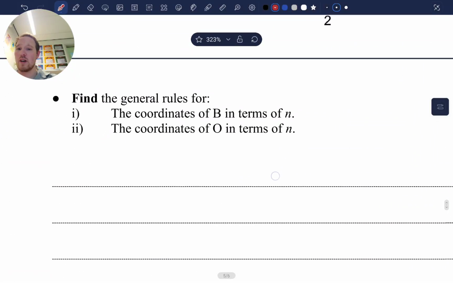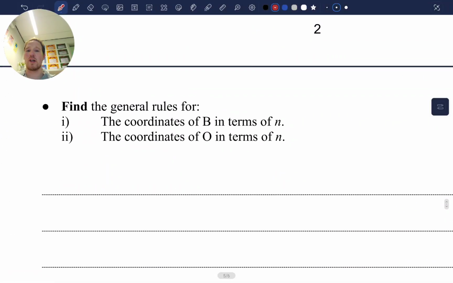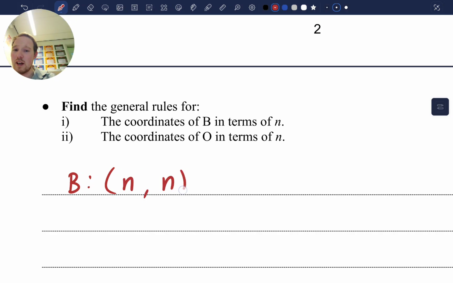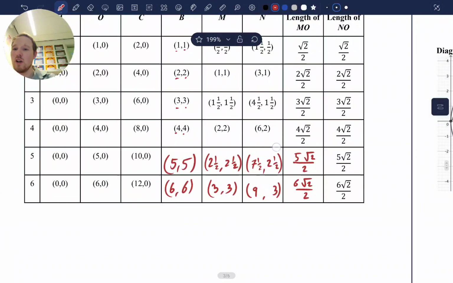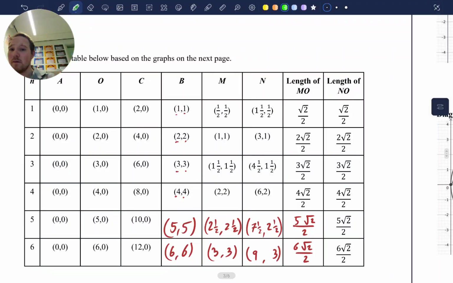Okay, so then we are asked to find any general rules for the coordinates of B in terms of n. Well, that's easy. For B, the values were 1, 1, 2, 2, 3, 3. So n, comma, n. And for O, let's have another look at the O column. These values 1, 2, 3, 4, 5, 6.